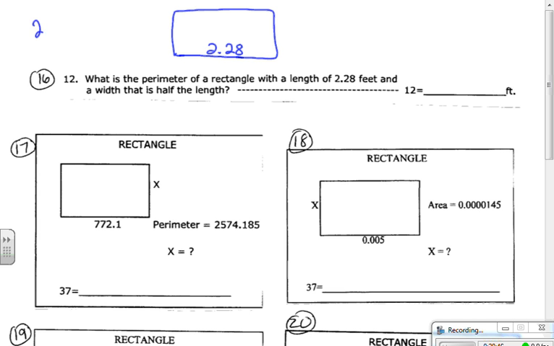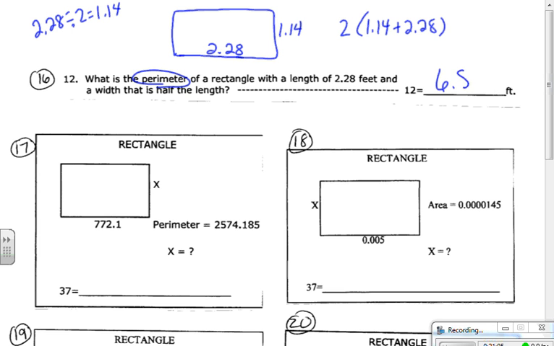And whenever you divide 2.28 by 2, we're left with 1.14. So that's going to be our other length here. And we want to find the perimeter. So we're going to add the two sides together and then multiply by 2. And we end up with an answer of 6.84. And again, just as you're working, make sure you're checking to make sure your units match, feet.